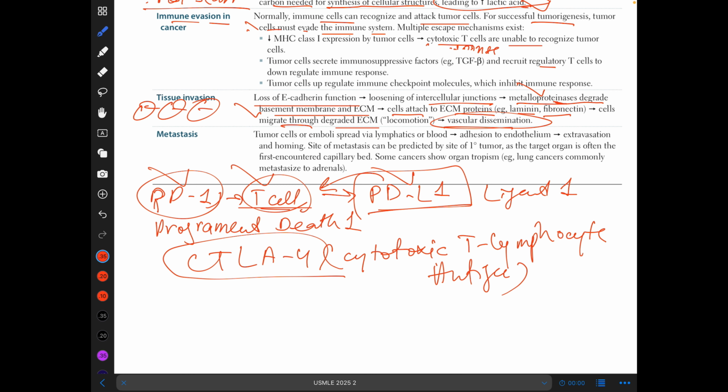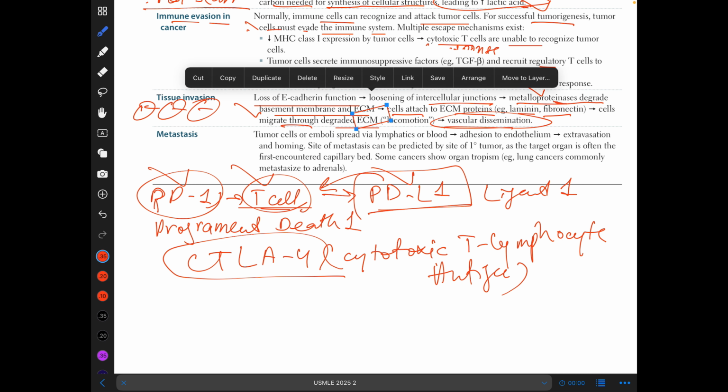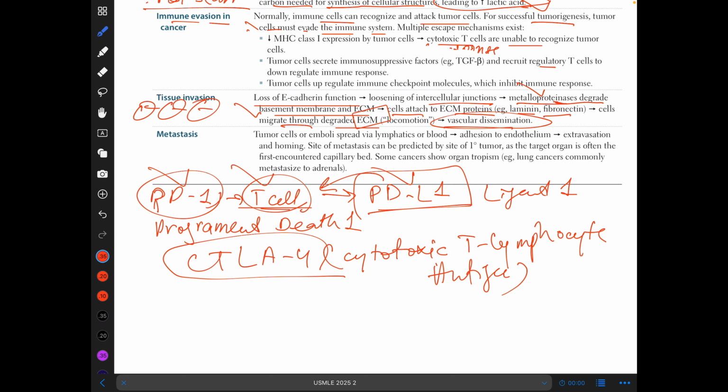Okay, and don't forget the ECM proteins. The ECM proteins include collagen, elastin, fibronectin, laminin, proteoglycans, and others like osteopontin and fibrinogen. These are all ECM proteins, and how does this happen in invasion? First, E-cadherin will lose its function, after that metalloproteinase enzymes act on the basement membrane.